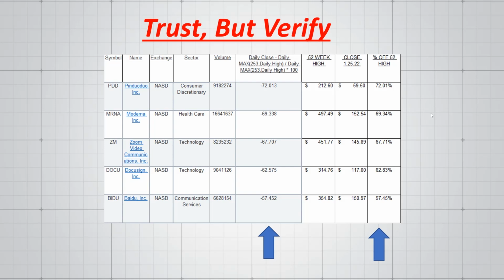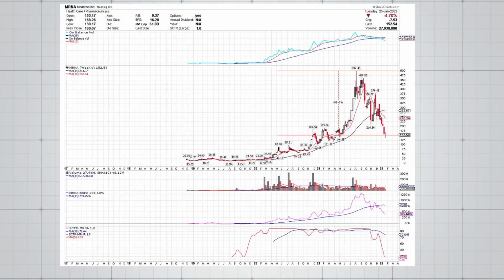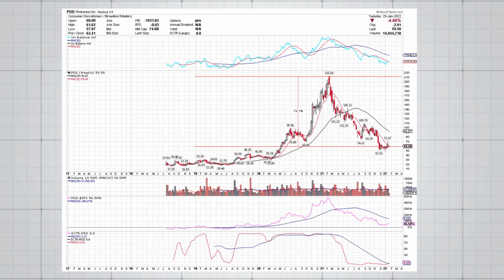Let's take a look at some charts and see how we can also verify what we're seeing on the scan engine return versus the chart itself. So here we have PDD, and we see that using the price label feature, the 212.60 was our high last year, 53 weeks right there. Then this label gives us the current close.